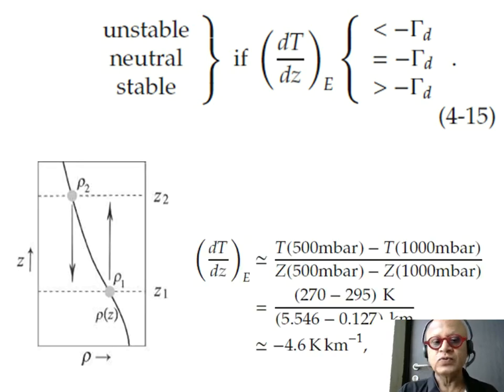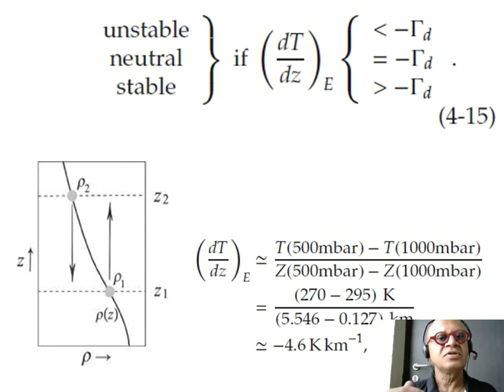Okay, so let's look at a simple scale calculation, dT/dz of the environment. You can take temperatures at 500 millibar, so the atmosphere is stratified, and there are then pressure surfaces. Remember, we said pressure and temperature can be exchanged because they are so closely related.